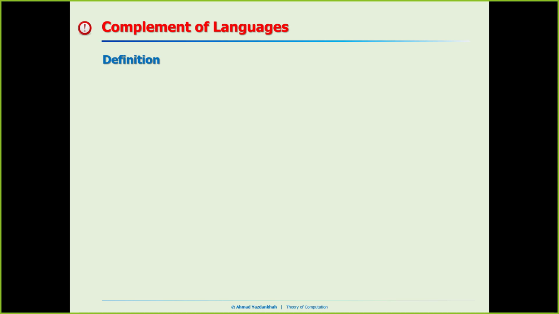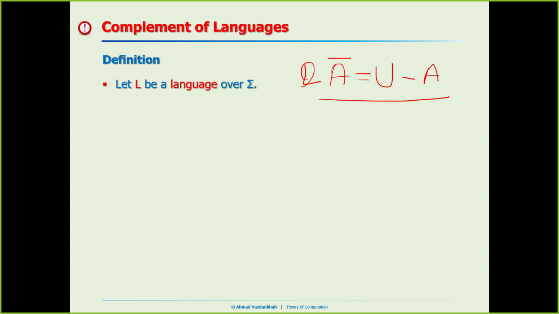The complement of languages is exactly the same as the complement of sets. The only difference is that before, we learned that if, for example, we have A, then A bar is U minus A, right? Now for the languages, what is the U?